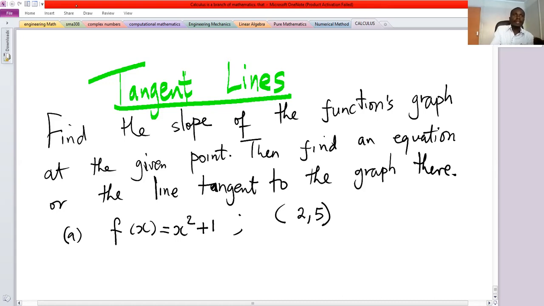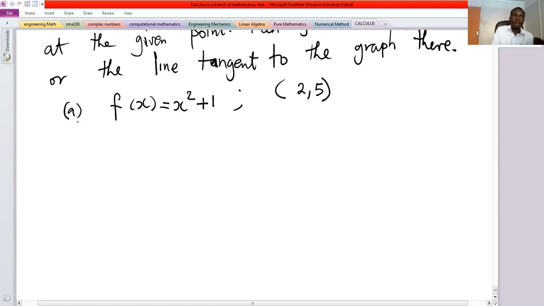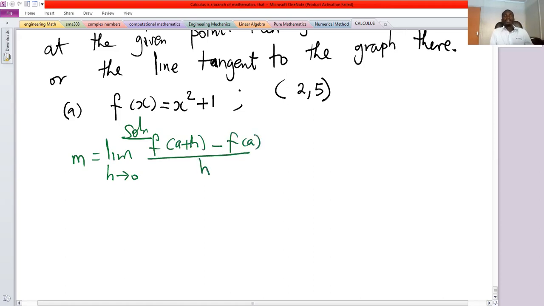So let's discuss this. The first thing is to know the definition of slope. Slope is the limit as h approaches 0 of f of a plus h minus f of a, divided by h, provided this limit exists.